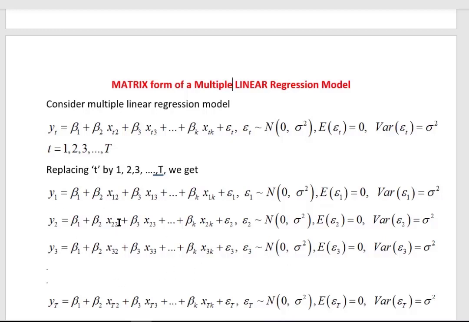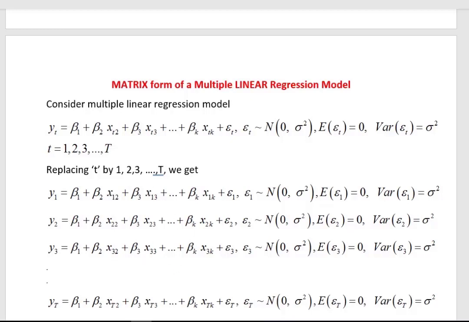This is actually called a system of T equations, starting from y1 and ending at this epsilon t. So this is one equation, and here is second, third. So we have a system of T equations, and by the way these are additional assumptions, so you can skip this notation as well, but it is good to write it here.